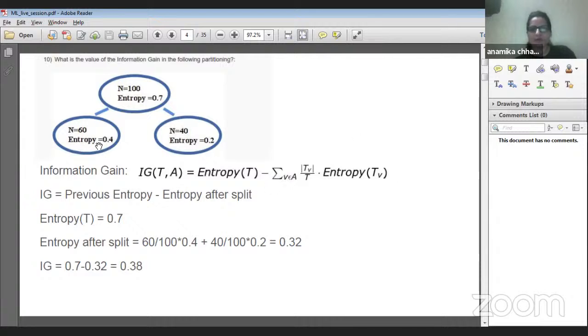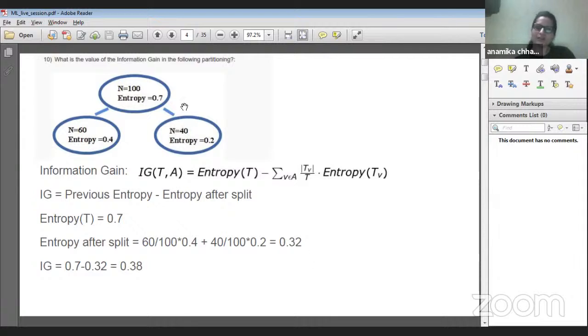So basically what we do is we compute the weighted entropy, and that means in the first partition we have 60 elements, so we do 60 over 100 because 100 is the total number. Okay, so 60 over 100 multiplied by 0.4, that is the entropy of this subset, plus 40 over 100 into the entropy of this subset, that is 0.2. So it comes out to be 0.32. Correct.